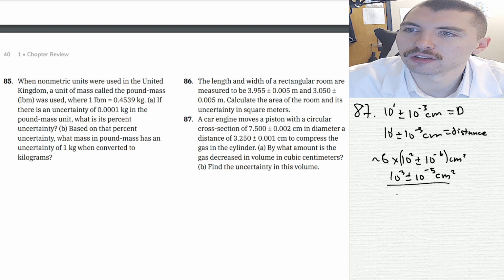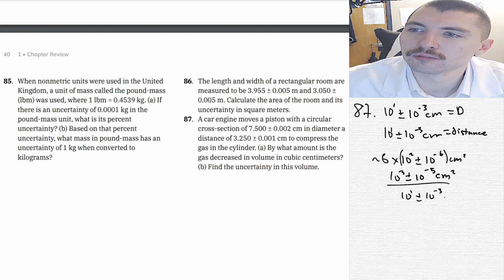Divided by this area per distance, 10 to the 1. So it went about 10 to the 2 plus minus 10 to the 8 centimeters.